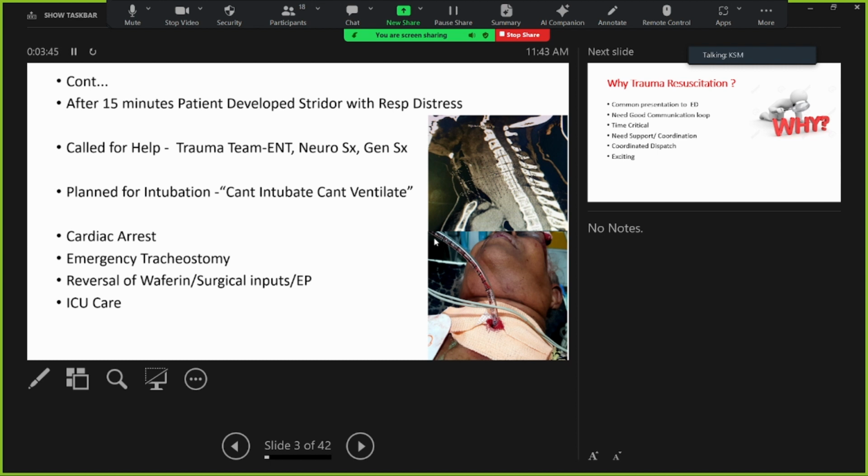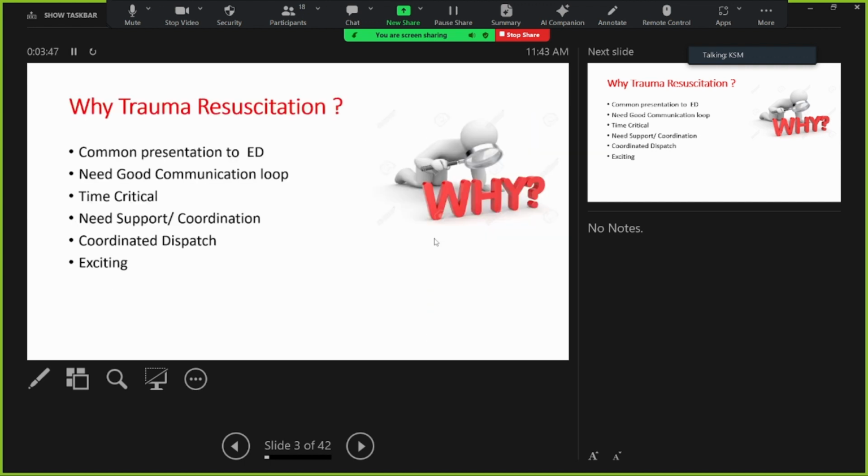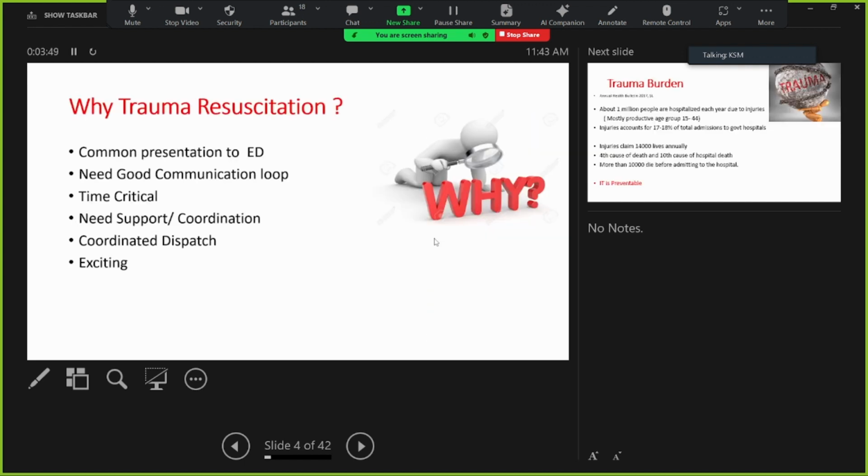So this case teaches a lot of things with regard to trauma resuscitation. It's a very common presentation to the ED setup, where we receive this sort of patient on a daily basis. To manage these patients, we have to have very good communication.